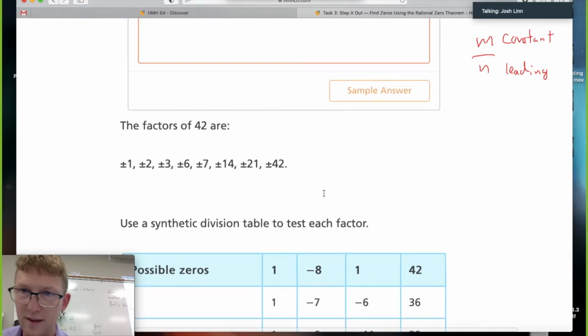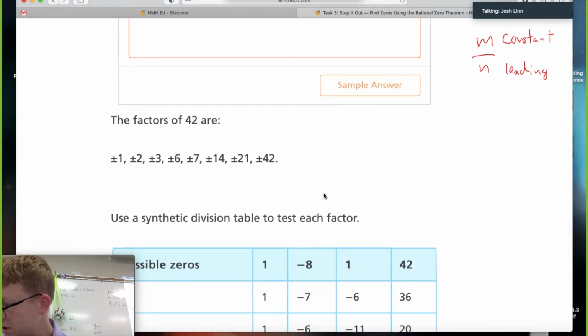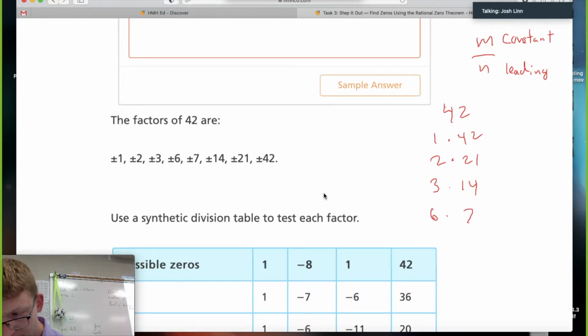If we list out our factors of 42, we've got 1 times 42, 2 times 21, 3 times 14, and then 6 times 7. And then all of these are plus or minuses on all of them. So those are written right here.